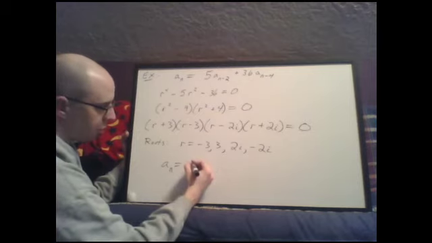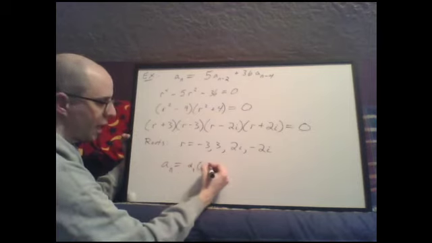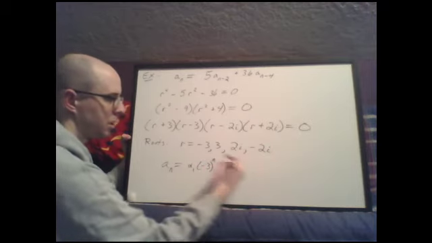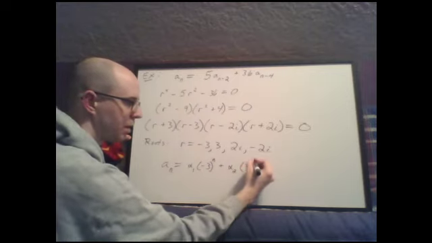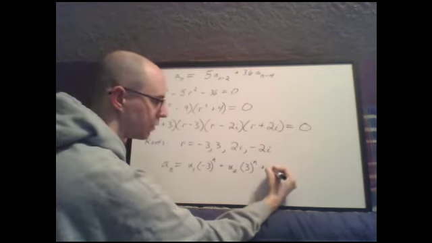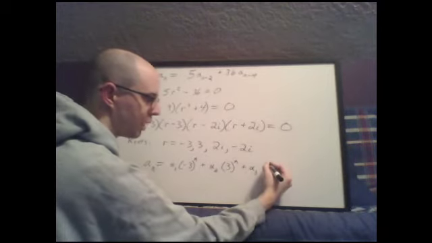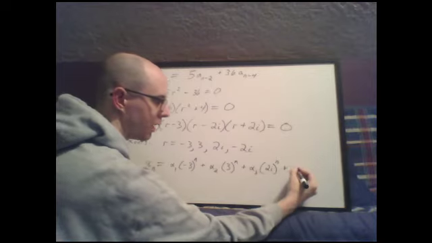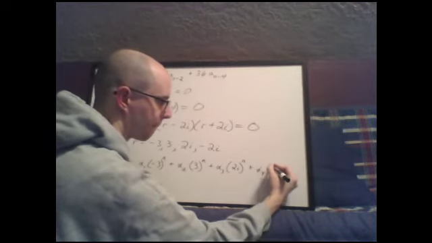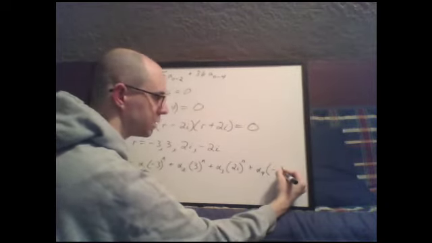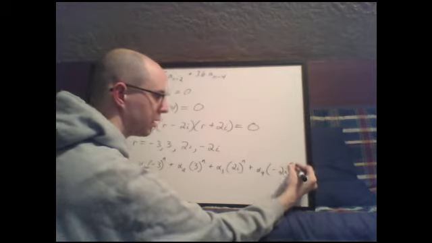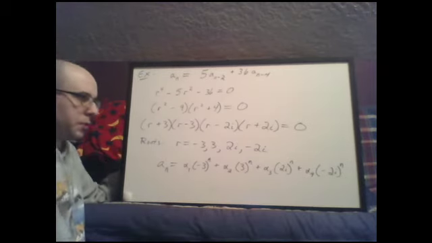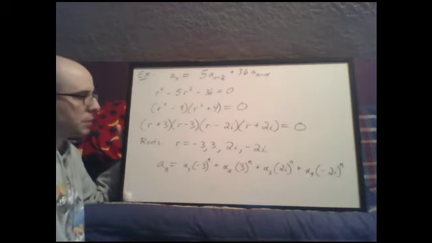So we're going to have alpha 1 times negative 3 to the n, plus alpha 2 times 3 to the n, plus alpha 3 times 2i to the n, plus alpha 4 times minus 2i to the n. So there would be our formula for the general solution for this recurrence.